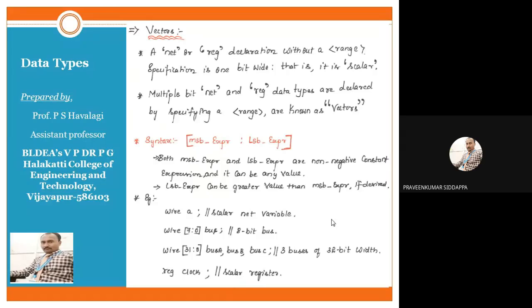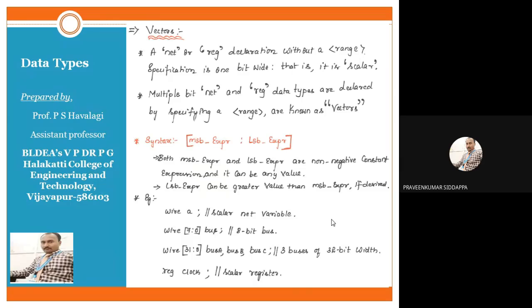Here we have written the first sentence: a net or register declaration without a range specification is 1 bit wide. Whenever we declare a net or register without a range, it is one bit wide. That is called a scalar.